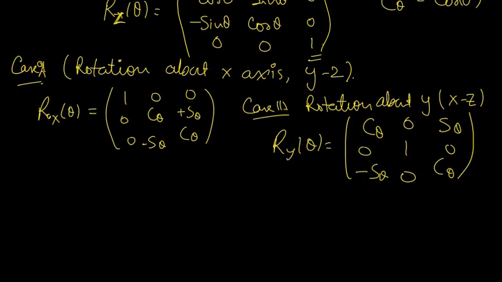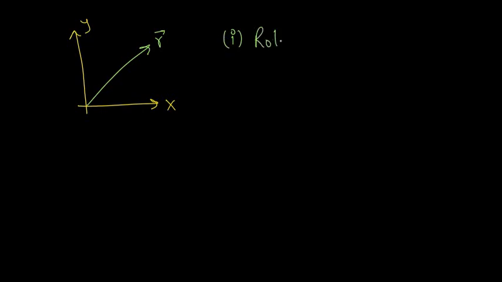There is a coordinate transformation and there is a vector transformation. So suppose, just a hint of this, let's say this is xy and you have a vector r. Okay, the first thing is I rotate my coordinate.